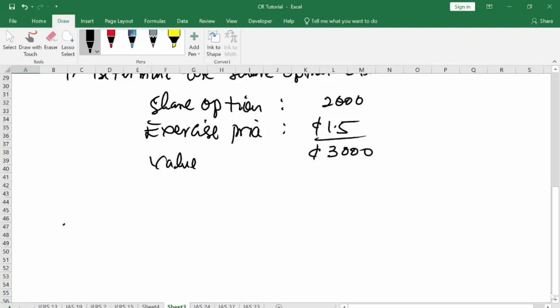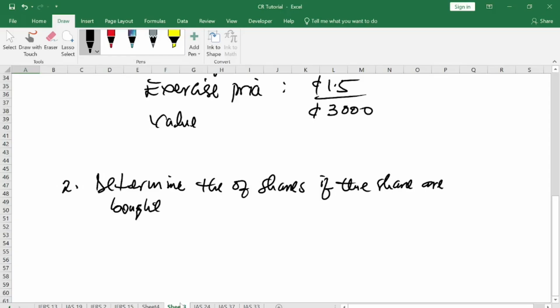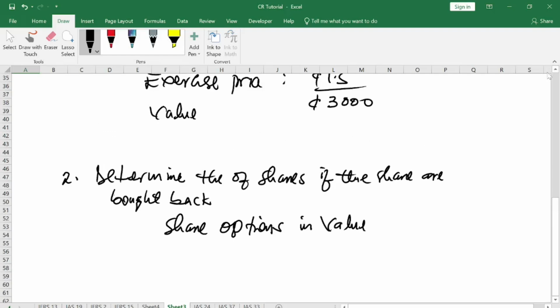Now, the second step is to determine the number of shares if the shares are bought back. How do you do that? You know your share options in value, as I calculated above, 3,000.